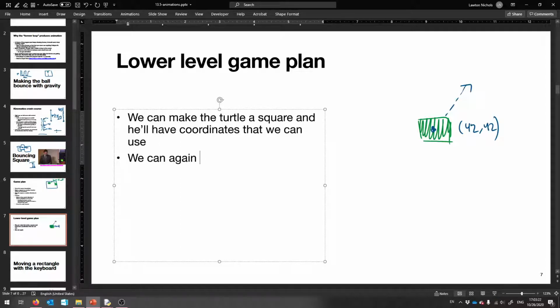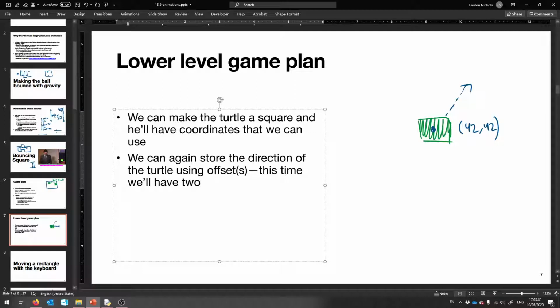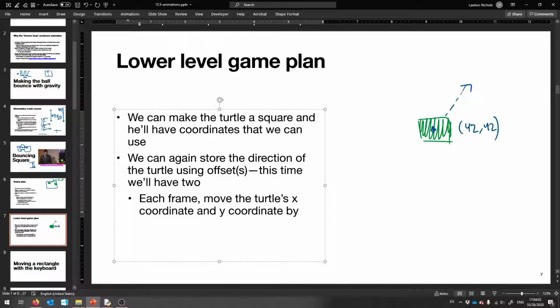And the answer is we can again use offsets. This time we'll have two. So each frame, move the turtle's X and Y direction by the direction amount.